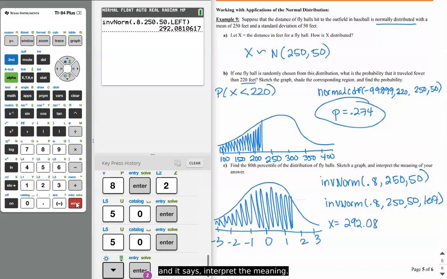It says interpret the meaning. So we would say 80% of the fly balls go basically less than 292.08. So the 80th percentile is 292.08. They go up to this.